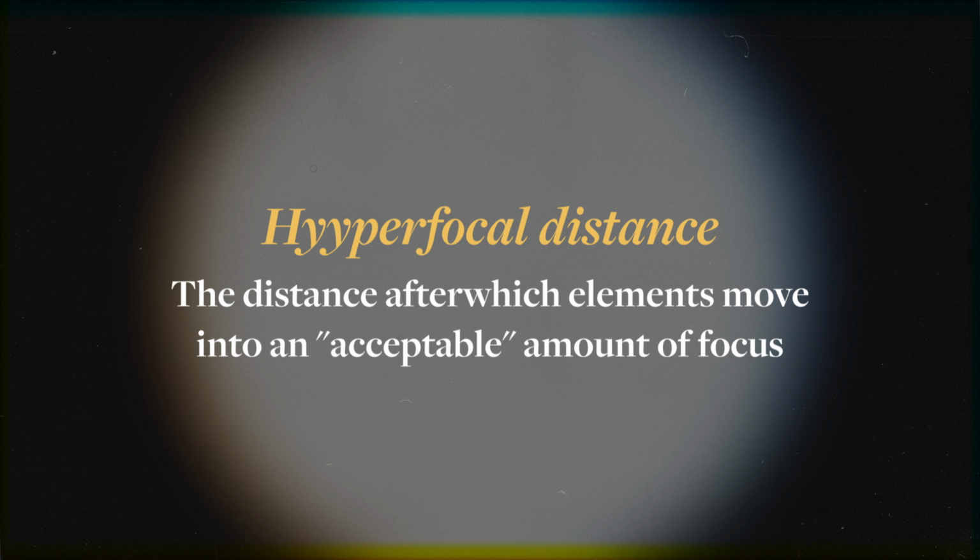Most of the time, that means that your hyperfocal distance, or the distance after which elements will move into an acceptable amount of focus, is quite large in landscape photography. Most of the time, when you're shooting scapes, most things are mostly going to be in focus, even at a really large aperture such as f2.8.